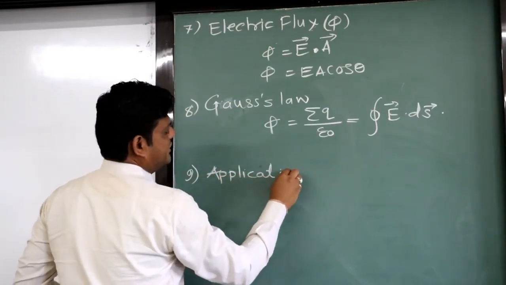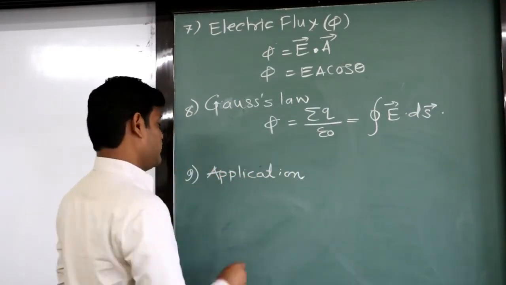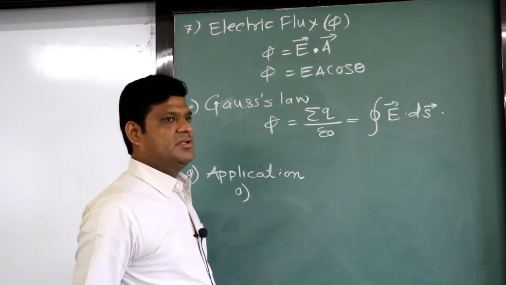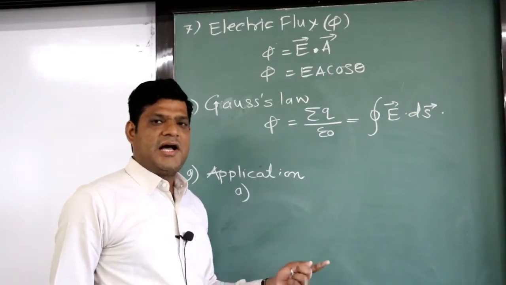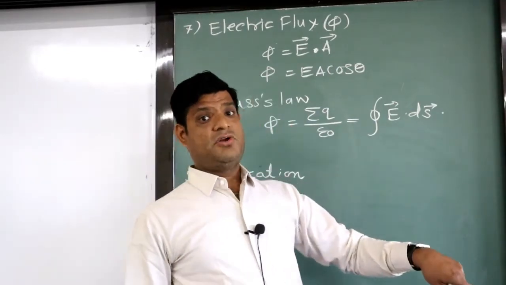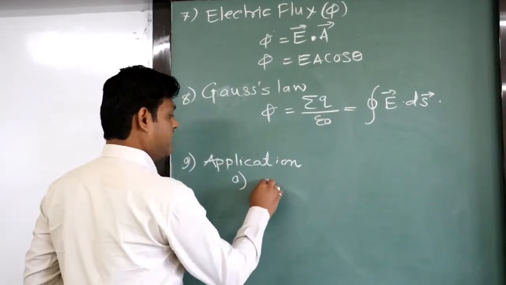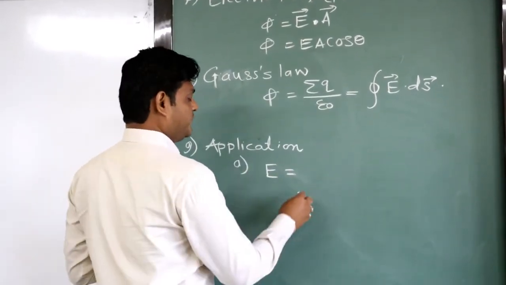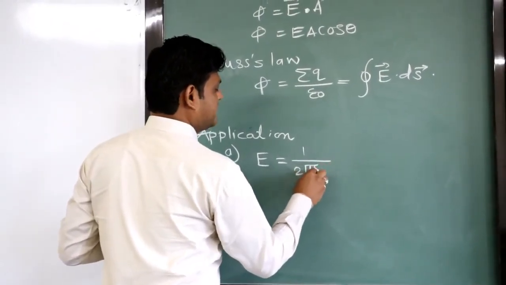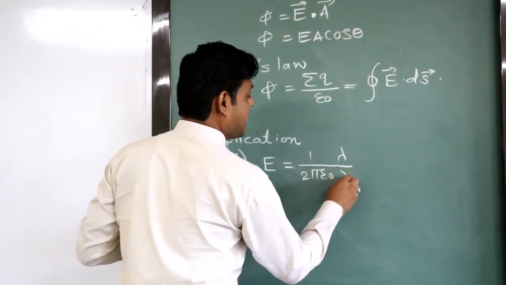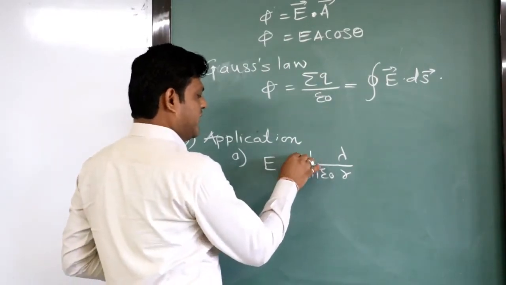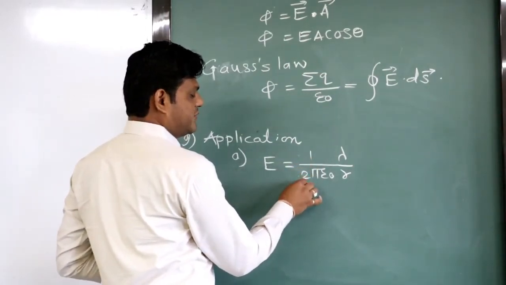See, in that application we studied 3 applications. The first application was line charge distribution, means line charges are uniformly distributed on the line. So with the help of Gauss law, we calculated the electric field E equal to 1 divided by 2 pi epsilon 0 lambda by r, right? Also we said that multiplying and dividing by 2, it becomes 4.